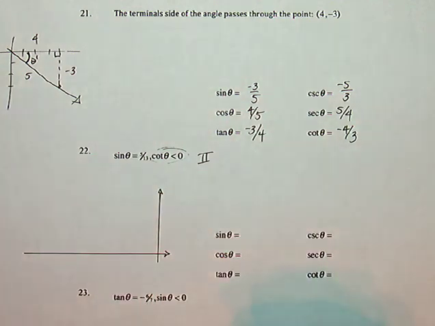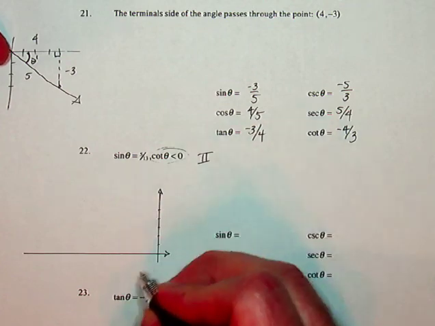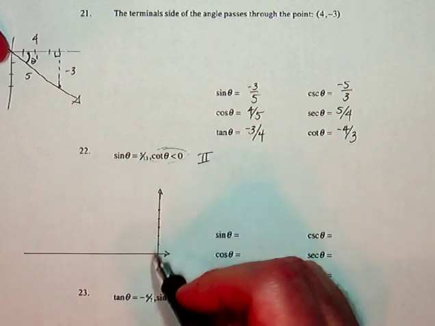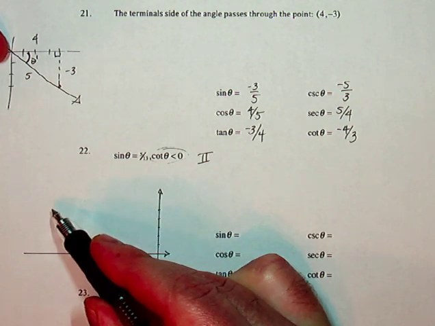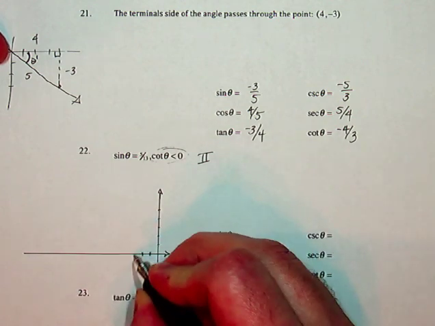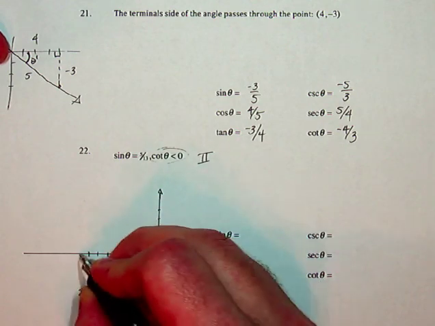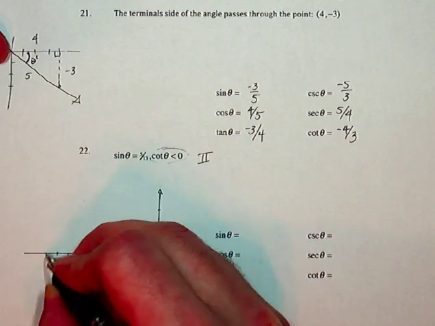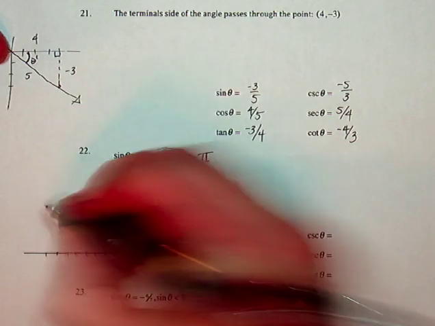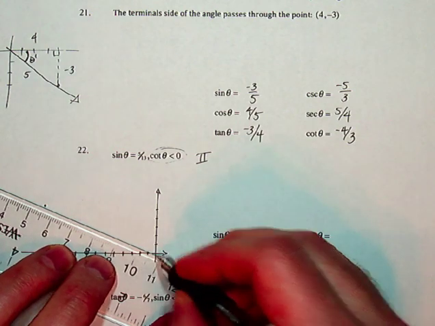We're going to have 1, 2, 3, 4, 5. And if this is 5 and the hypotenuse is 13, this is a 5, 12, 13 triangle. 1, 2, 3, 4, 5, 7, 8, 9, 10, 11, 12. This is as close to scale as I can freehand right now.